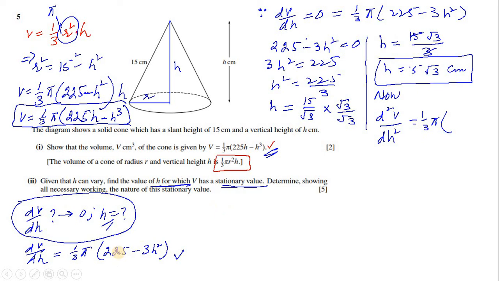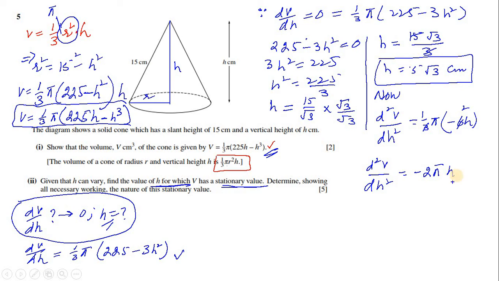Inside the bracket, 225 is a constant, the derivative of 225 is 0, and the derivative of minus 3h squared is minus, 2 comes down, so minus 6h, and then this minus comes outside, so d2V by dh squared is equal to, 3 and 6 gives 2, so minus 2 pi h.